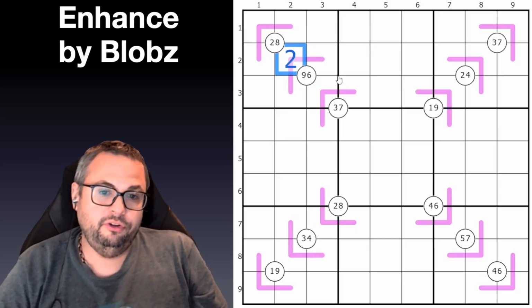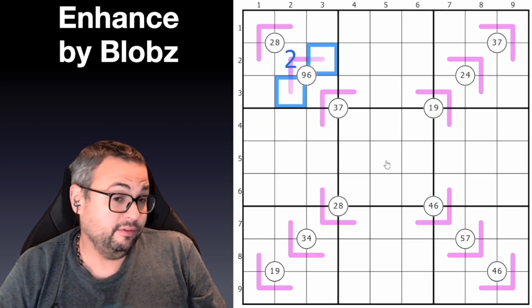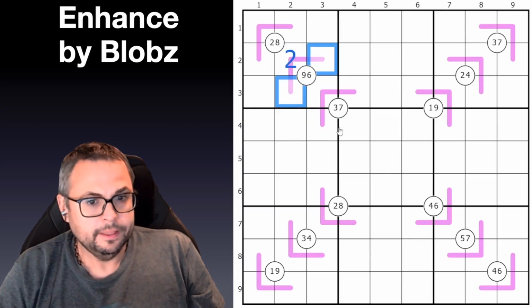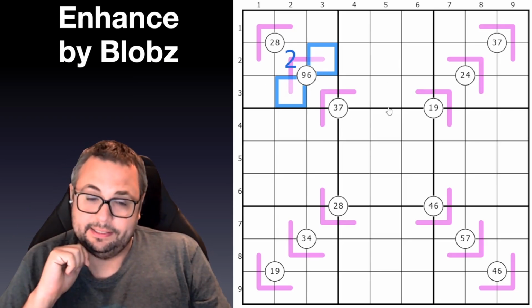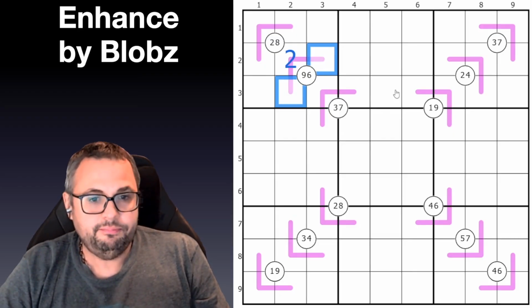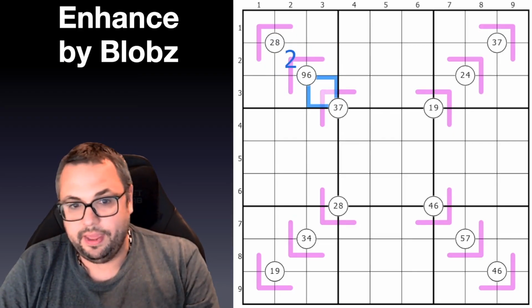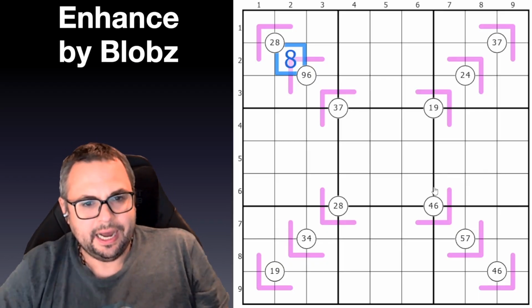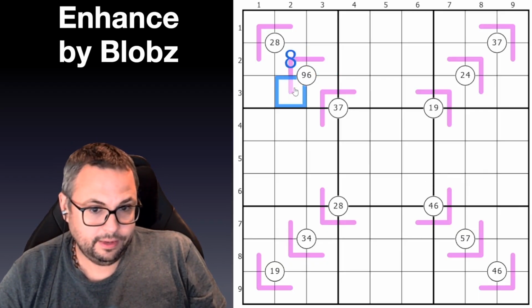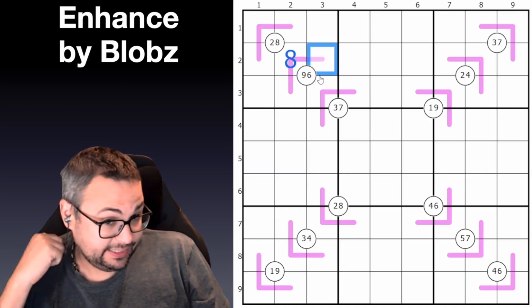Because if this is a 2, the largest digit I could put in either of these cells would be a 4, which is going to make it very difficult to make my 9-6 quadruple have both a 9 and a 6. They're both going to have to go there, so that doesn't work. So actually, that has to be the 8. Okay, so we've got a 9-6 here.